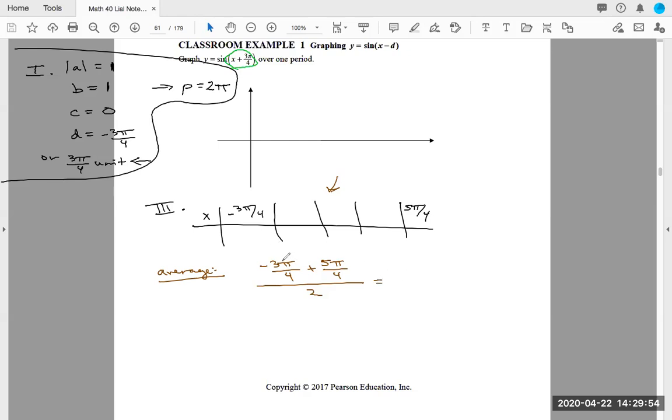So that's going to be 2 pi over 4 divided by 2, which is 2 pi over 4 times 1 over 2. So 2 pi over 8, which is pi over 4.